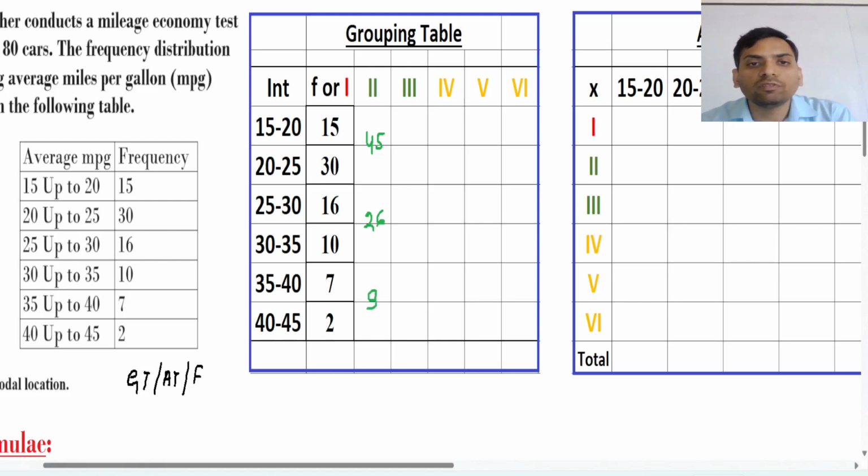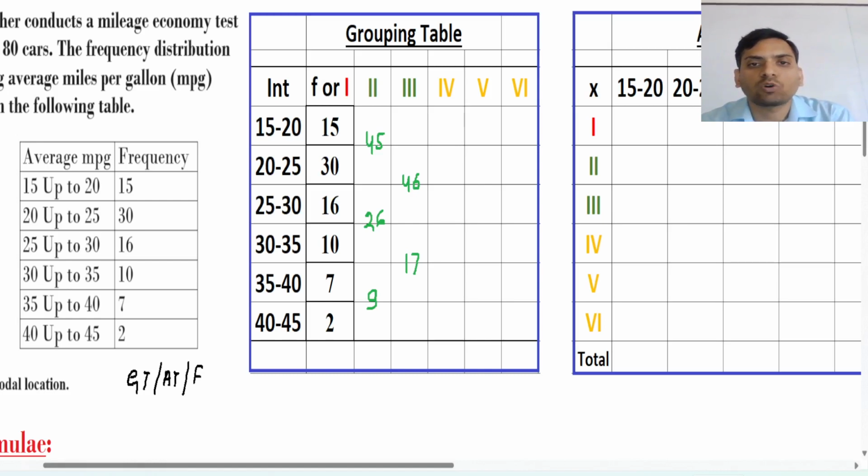And now we will find summation after leaving this first element. So on leaving this first element, these two 30 plus 16, that is 46. Now next is 10 and 7, that is 17, and no other group, only one element is left, so no need to write.